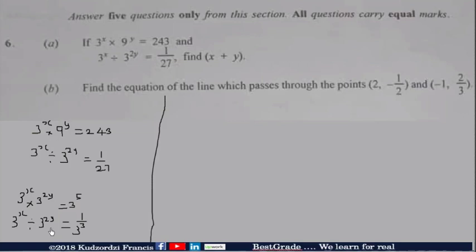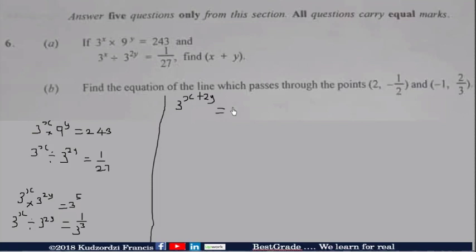So now simplify further. Because they are multiplying, we write down one base for them. So we obtain 3 exponent x plus 2y is equal to 3 exponent 5.